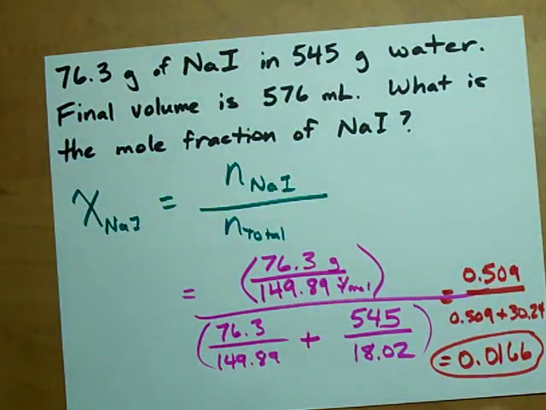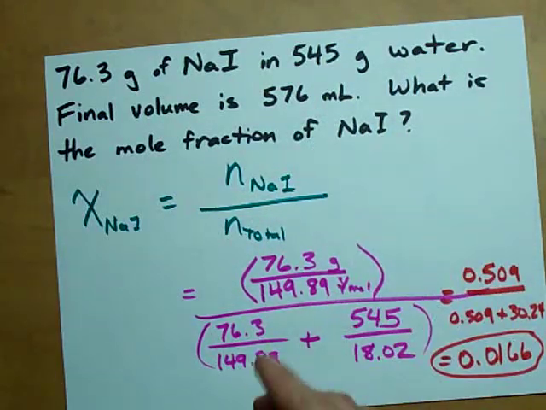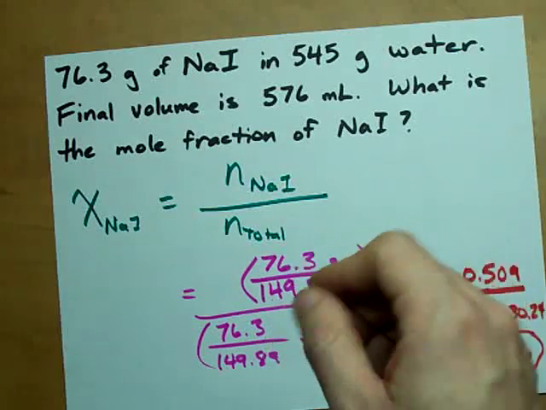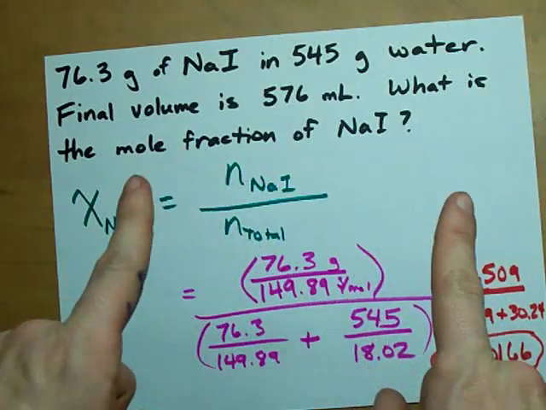Done. If they were asking for the mole fraction of water, I would have considered the fact that when NaI is actually dissolved in water, it probably breaks into two separate ions.